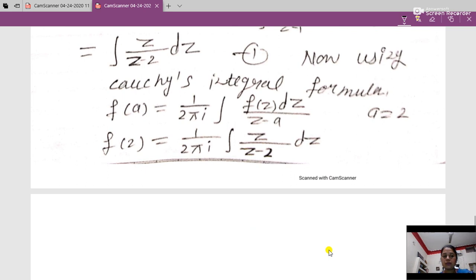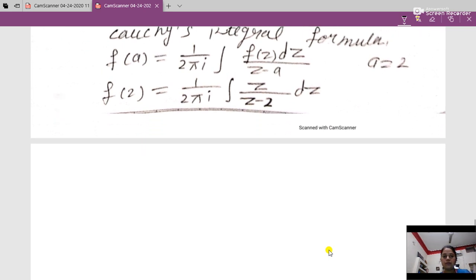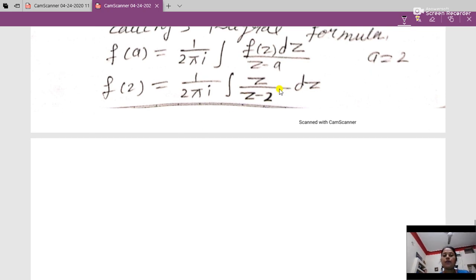So f of 2 is equal to 1 upon 2 pi i times the integral of z upon z minus 2 dz.